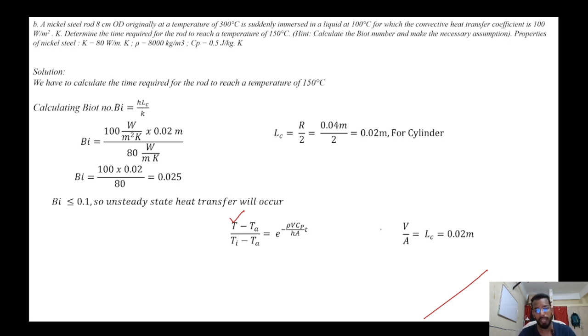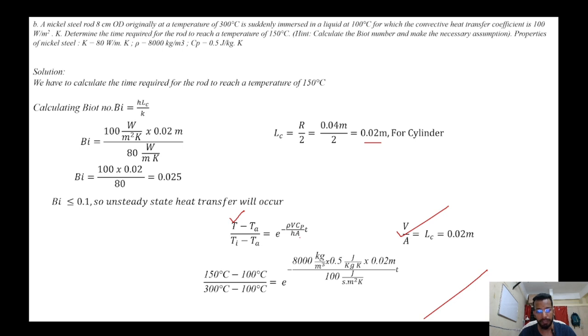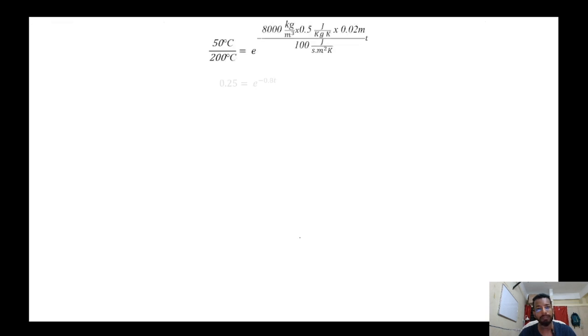V upon A will be the characteristic length. So we will put directly the value 0.02. We have calculated this. So after putting all the values, we'll get this, and solving just mathematical things, taking log and all, we'll get this.